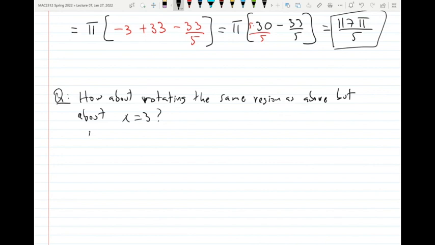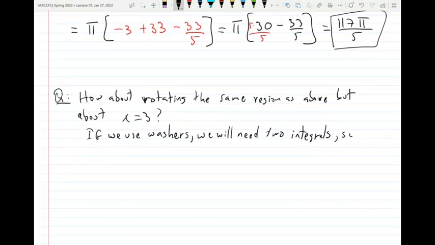If we use washers, because there is a hole, because there is a separation, we can do it, but we will need 2 integrals. Everybody understand why we need 2 integrals? So this is not good.